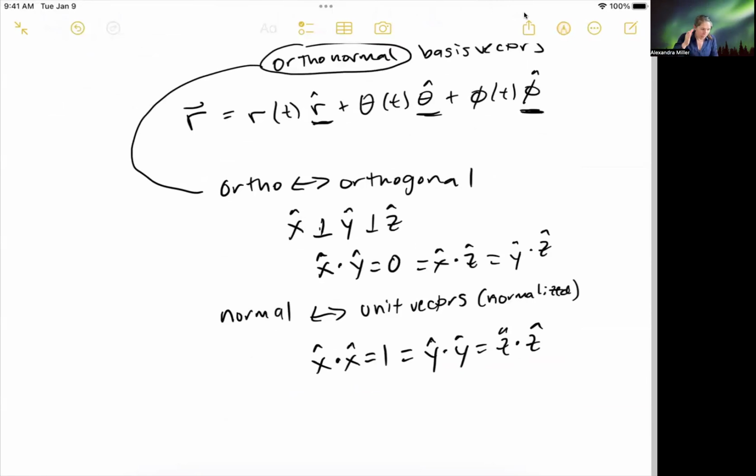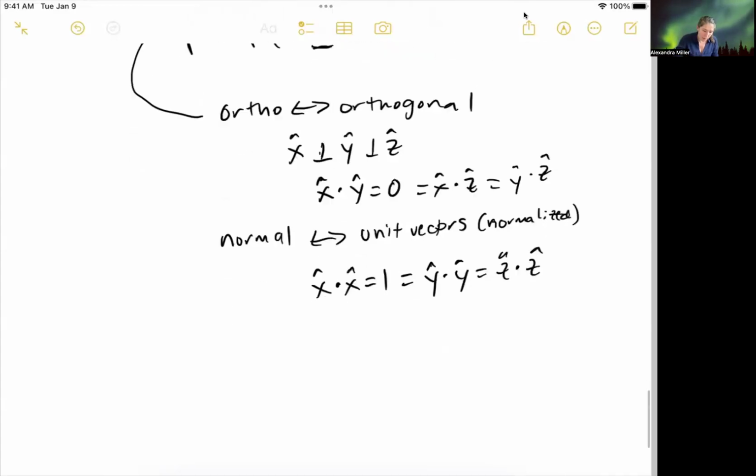Okay, with this recollection in mind, let's turn to what we're going to think about when we think about orthonormal basis states in quantum mechanics.